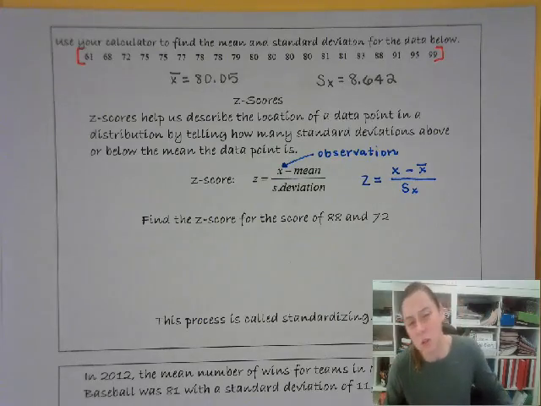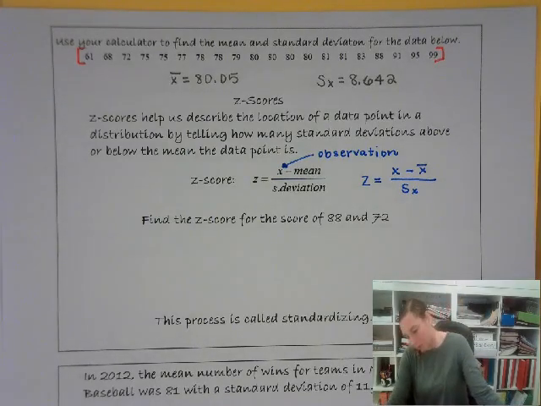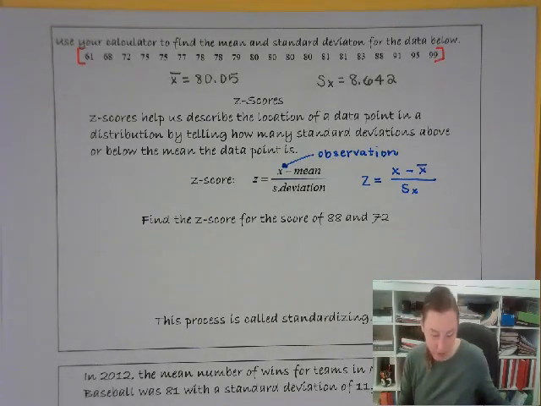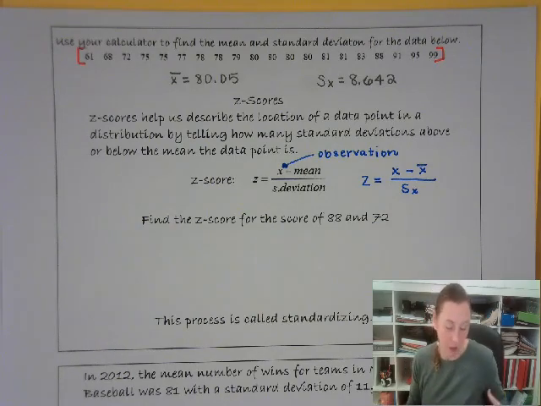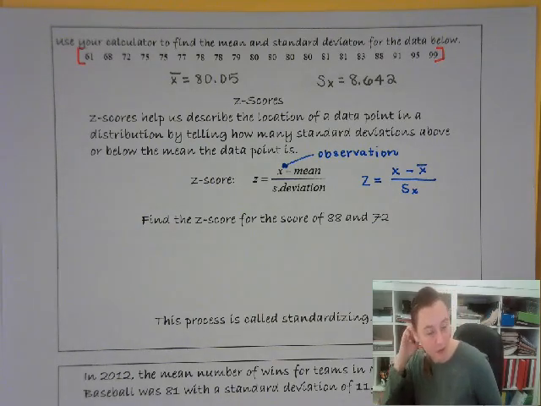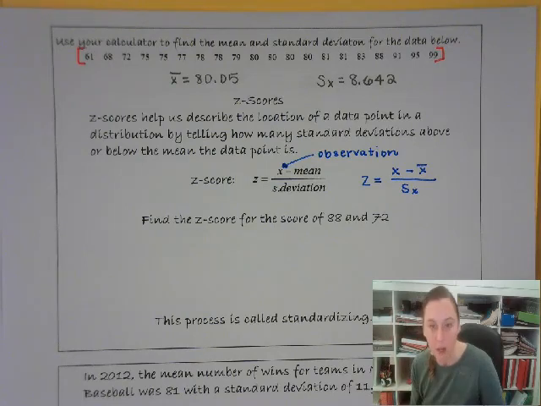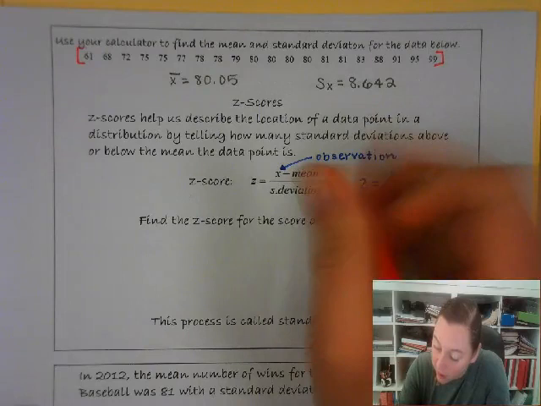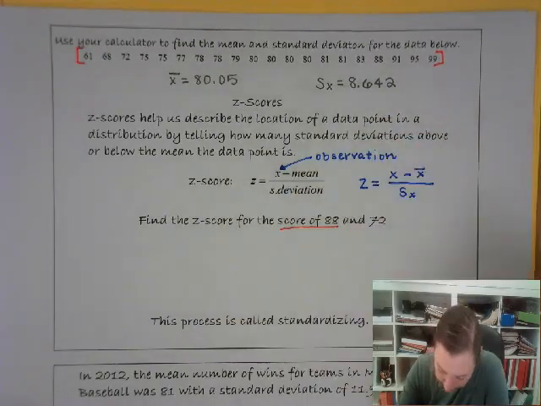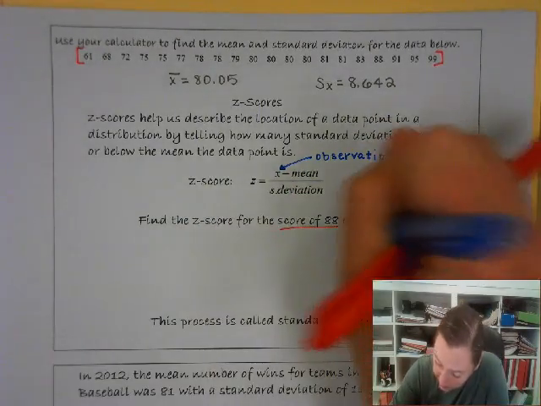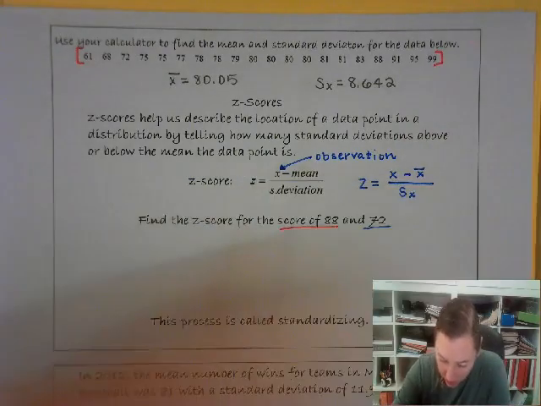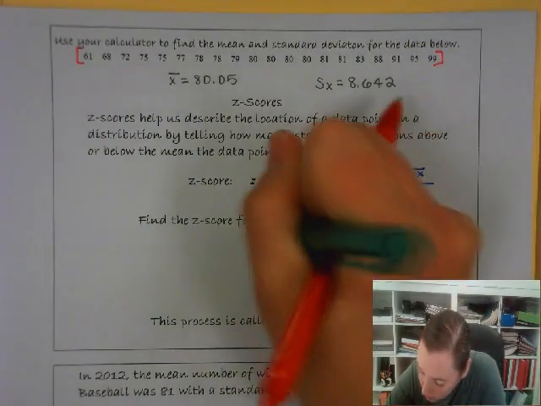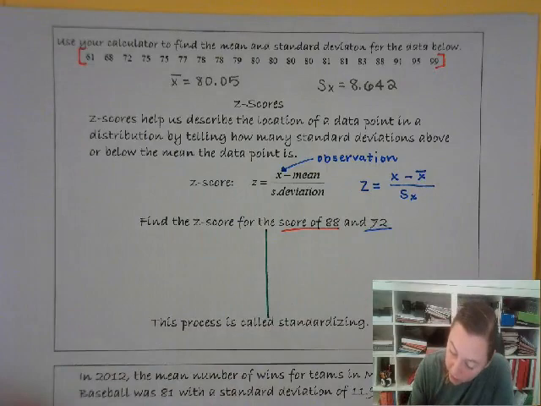Like I said, those will be given to you in the problem. Eventually, you'll have to find them on your own to find z-scores, but for today's homework, you're going to have them given to you. So we want to find the z-score for a score of 88 and then a score of 72. So I'm just going to draw a line so that I don't forget.